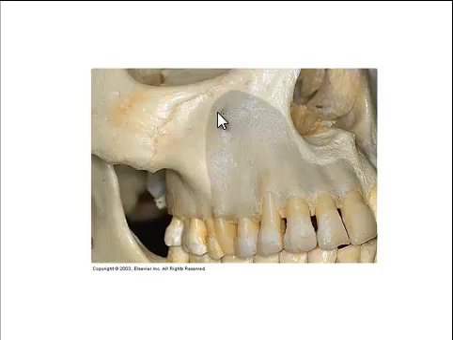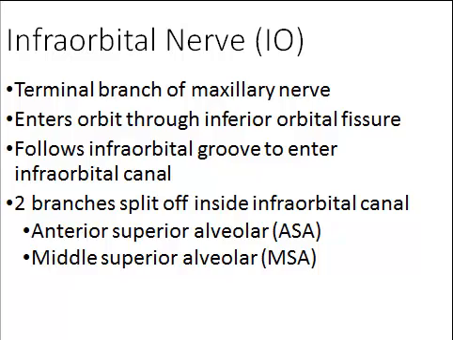This is our infraorbital foramen right here. And this is a summation of the IO, the terminal branch of the maxillary nerve. Terminal kind of means the end. So it ends when it exits out of the infraorbital foramen, right under our eye.